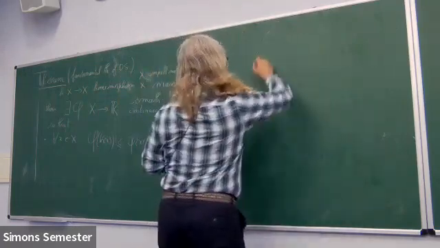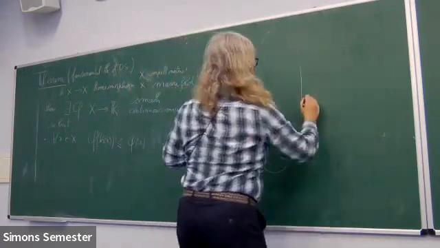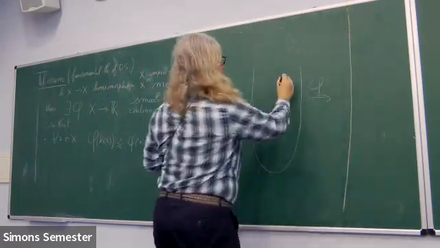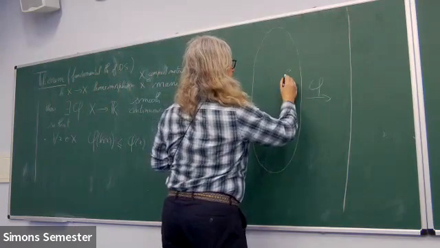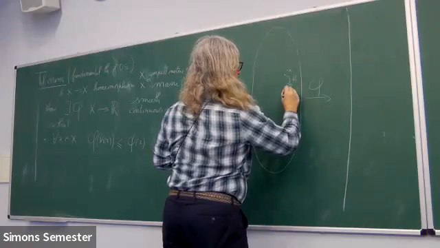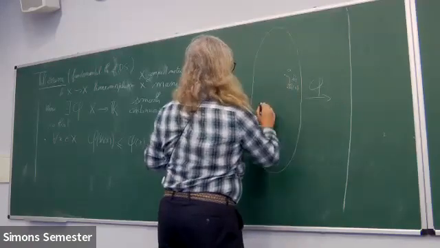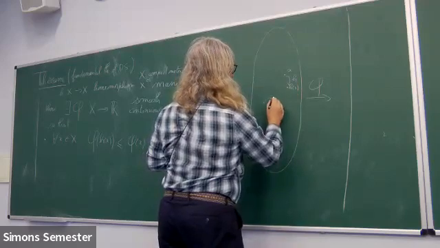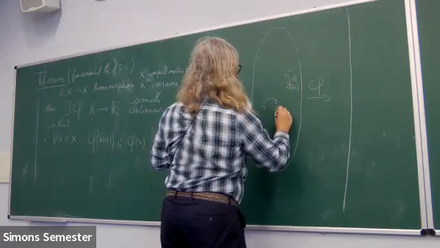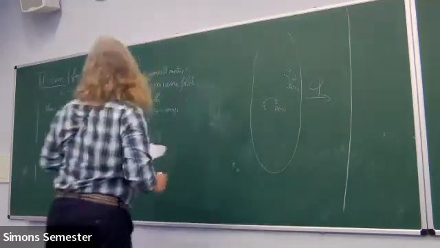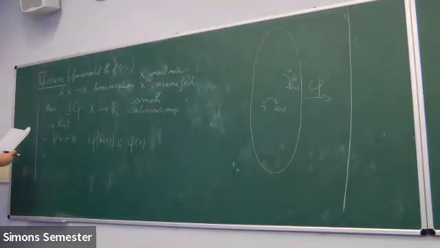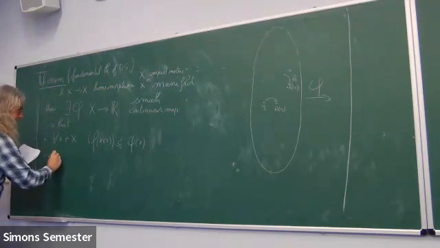You have your space, you have phi to R, and what we get is that for every x, h is going down, or it can go to the same level. Okay, there are the two possibilities: you have equality.